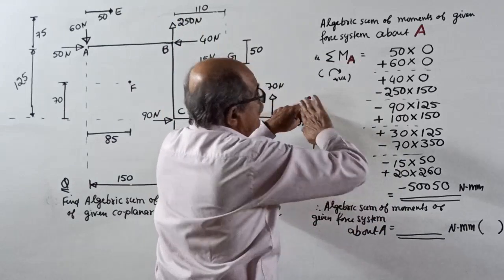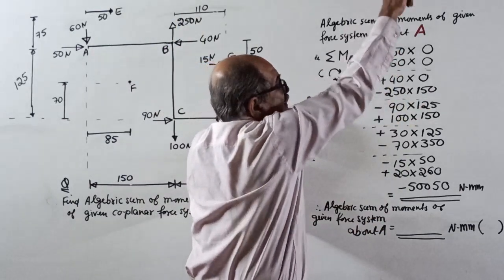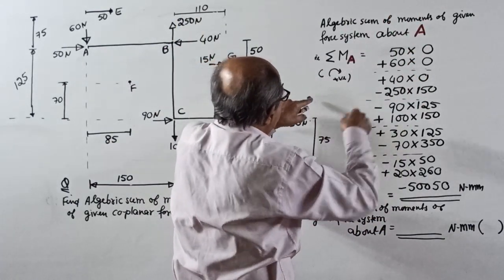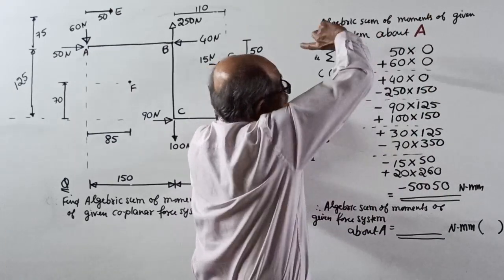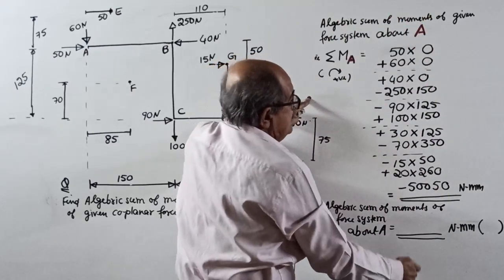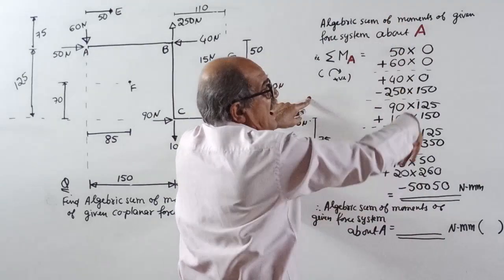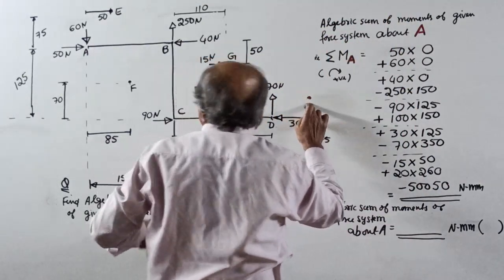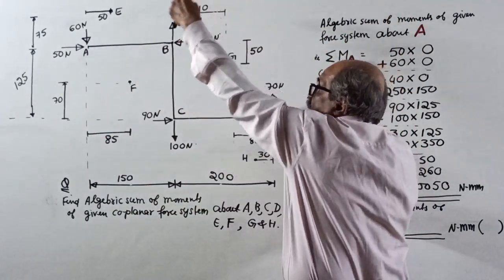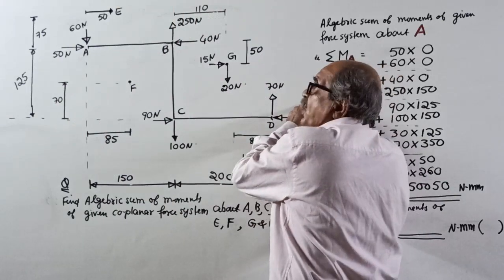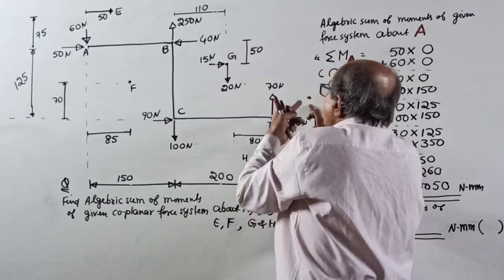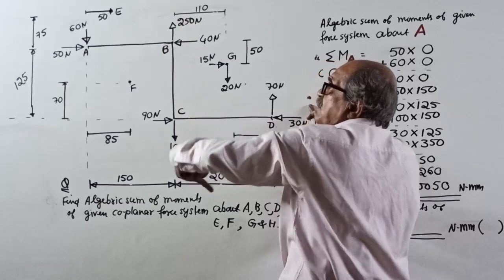If the force acts this way about this point, it will create clockwise. If the force is upward, it will create anti-clockwise. And on this side, if the force is this way, about this point, it will create anti-clockwise; if the force is this way, it will create clockwise.